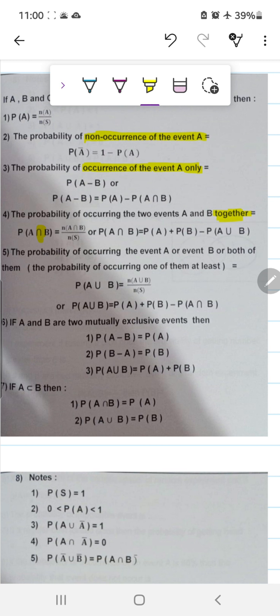The probability of A and B, both or at least one, is the union, which is A plus B minus the intersection. If the two sets are mutually exclusive, as we said, what is the meaning of mutually exclusive? The probability of the intersection between them equals 0.